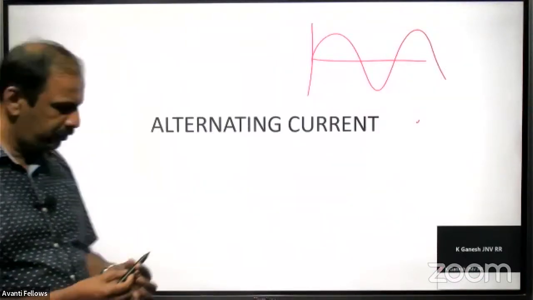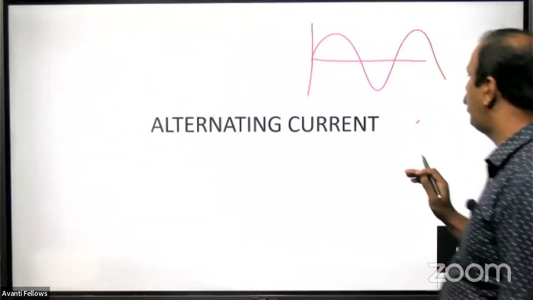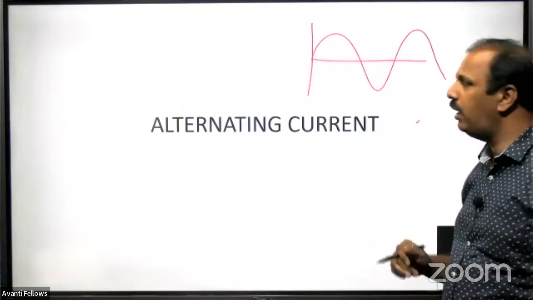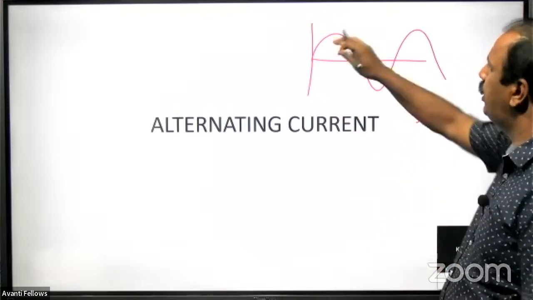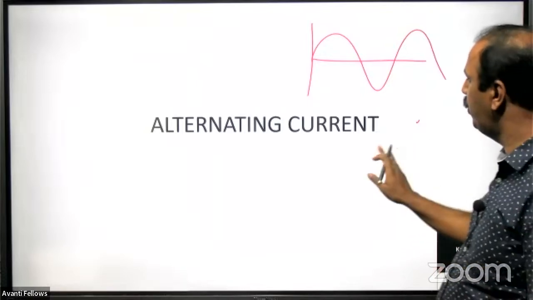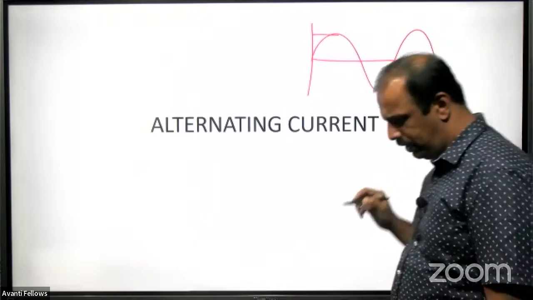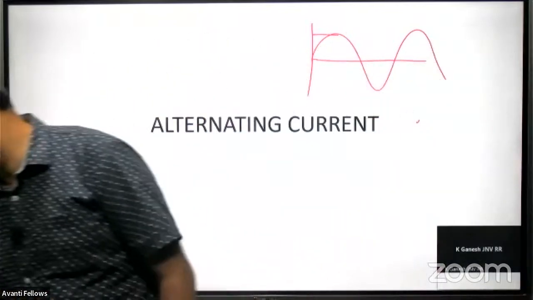Okay, in the morning we did something about this one. Just once more, recall that one. We discussed the alternating current. So it is varying like this. That's what we discussed. Now, this is the peak value.